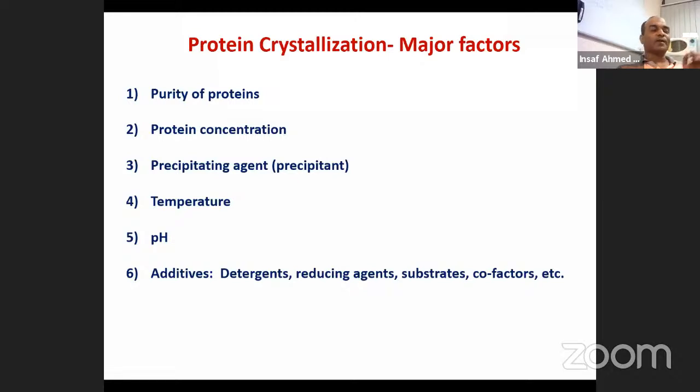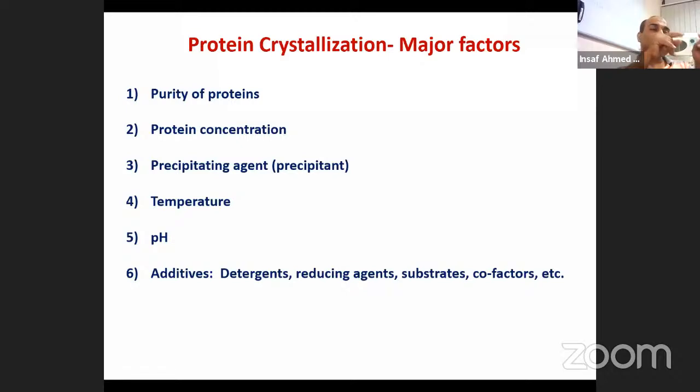Another important factor is the temperature. All of you are aware that protein is highly temperature sensitive. Suppose you have purified a protein after a lot of effort, and after purifying it, you keep the protein at room temperature. Protein will lose its natural conformation, and once it loses conformation, first it may precipitate.